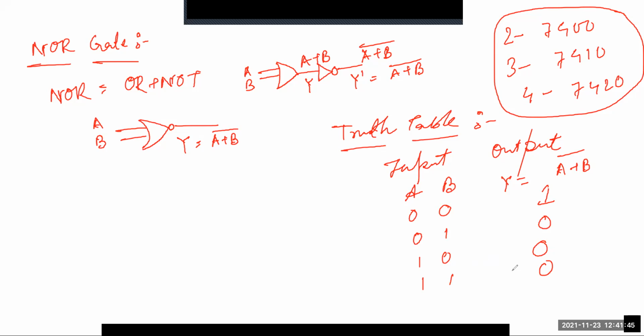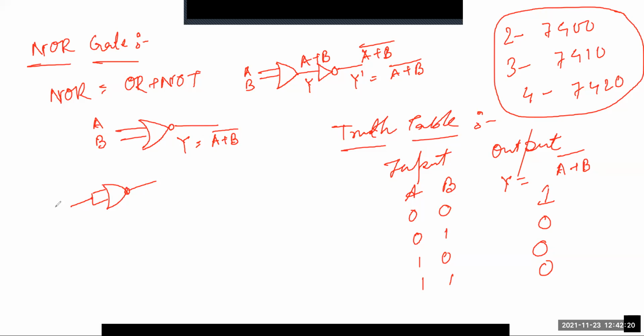Now this NOR gate can act as an inverter. How does it act as an inverter? The input terminals are merged together, and the output is near the bubble.